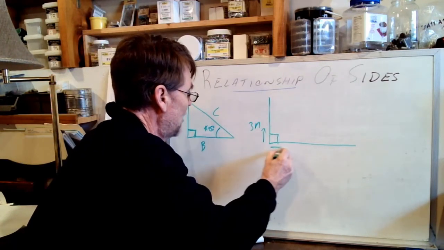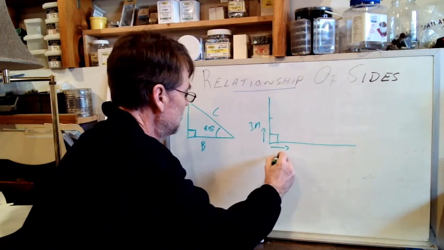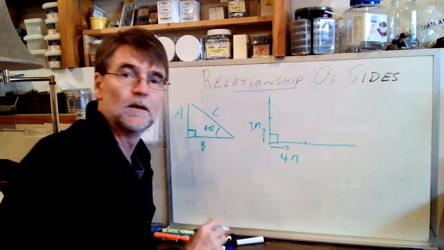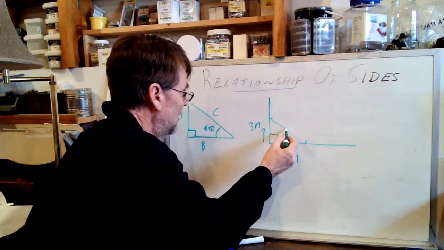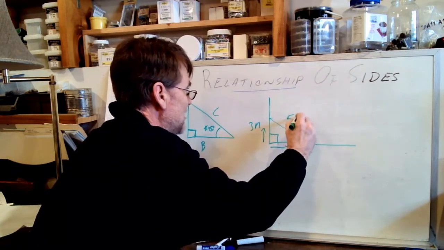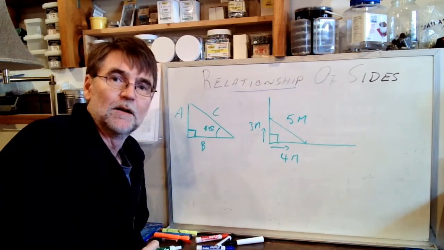Okay, and then measure out here and put a mark right there. Okay, measure here out 4 meters and put a mark. And then take your tape and measure from that mark across to that mark. And if it is not 5, your corner is not square.